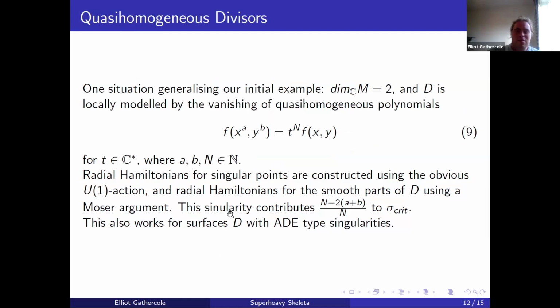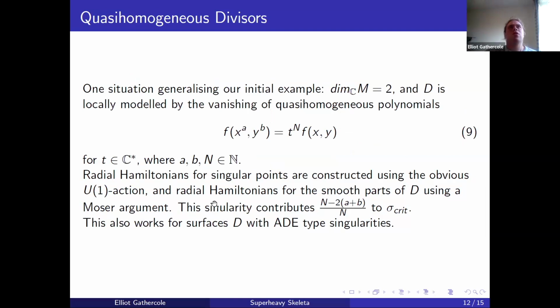And this applies in the case where essentially we have a top level stratum, which is the smooth part of your divisor and also a singular part which is itself an embedded manifold, because the difficulty is in ensuring each upper stratum is compatible with the lower stratum.